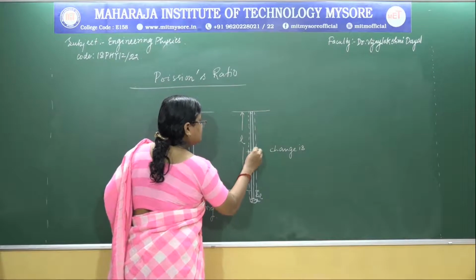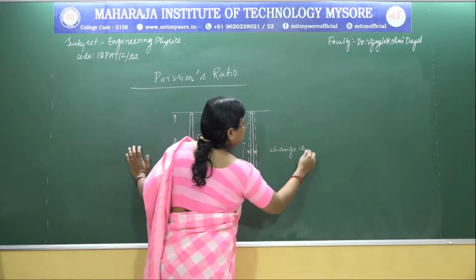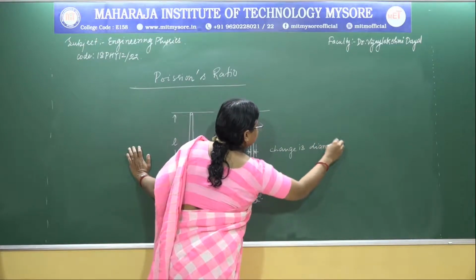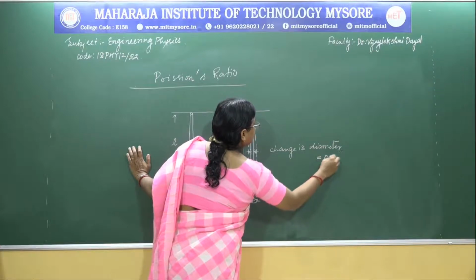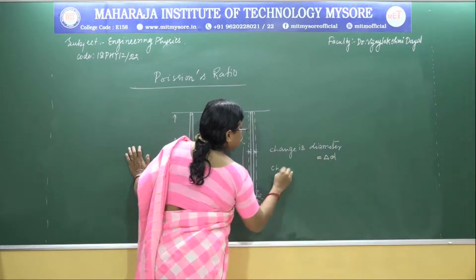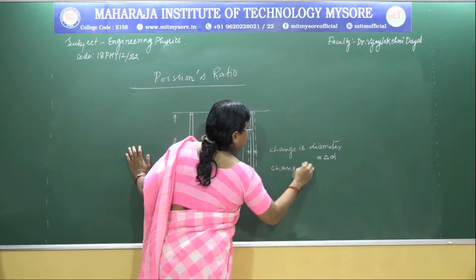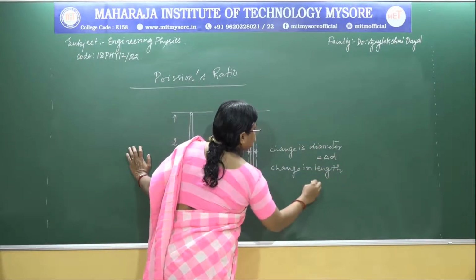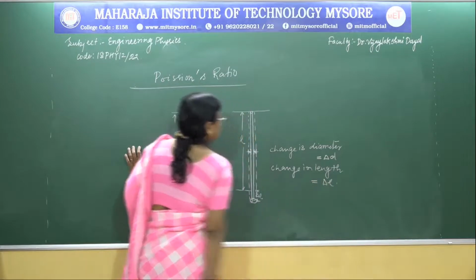This change in the diameter is equal to delta D, and the change in length is equal to delta L.